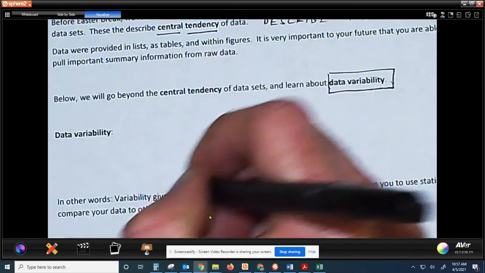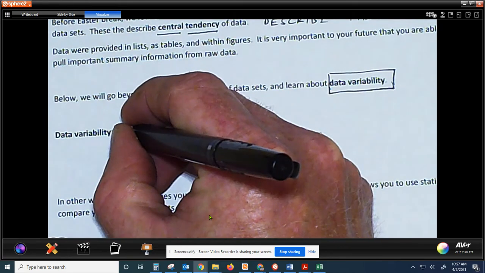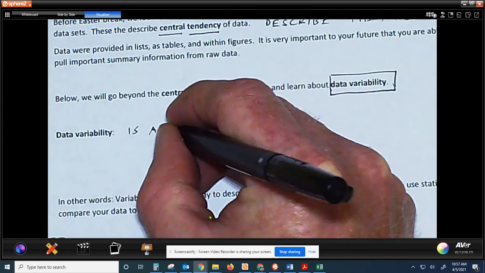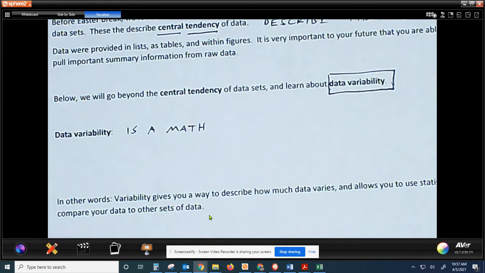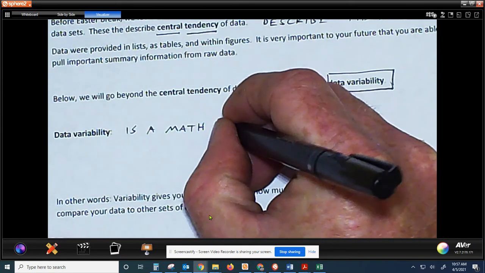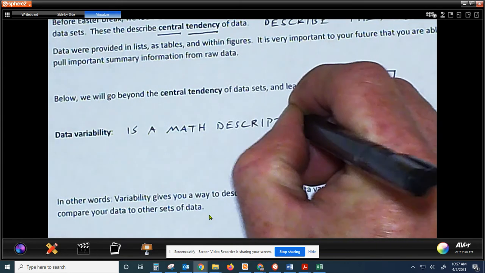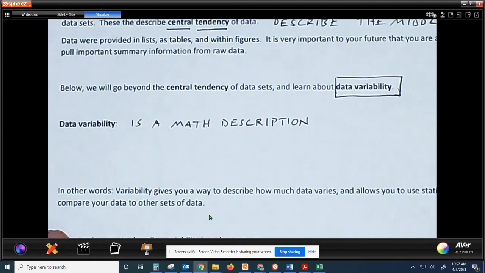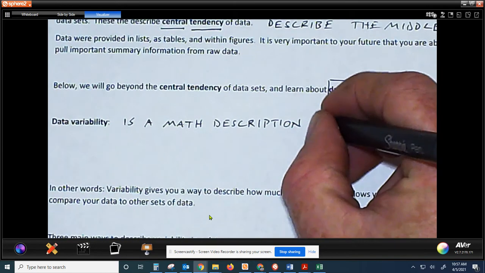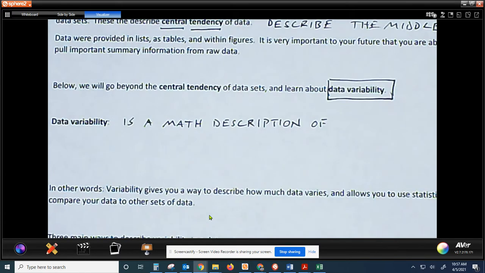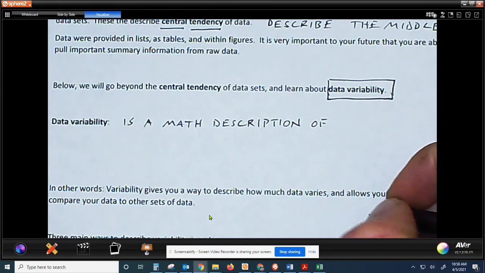Okay, the variability is a math description. It's mathematical. I'm just going to write math. Let's see how big my words are. Can you guys read it okay? It's a math description of how different data points are from the central tendency.